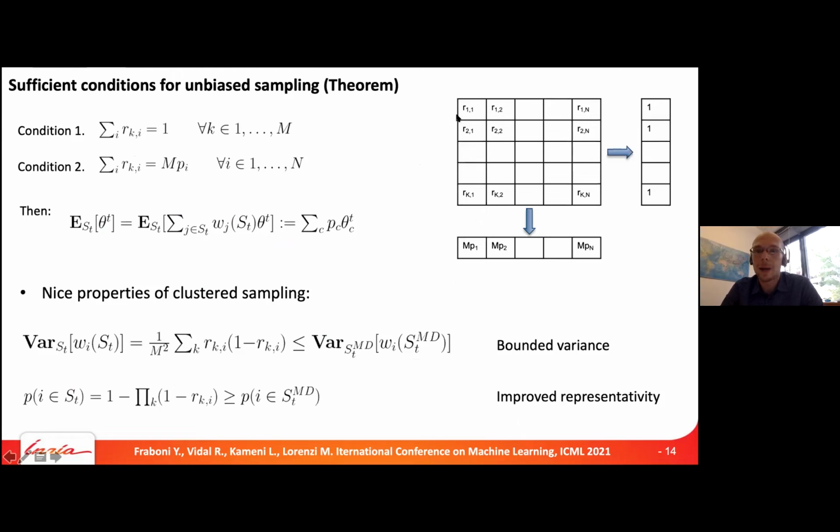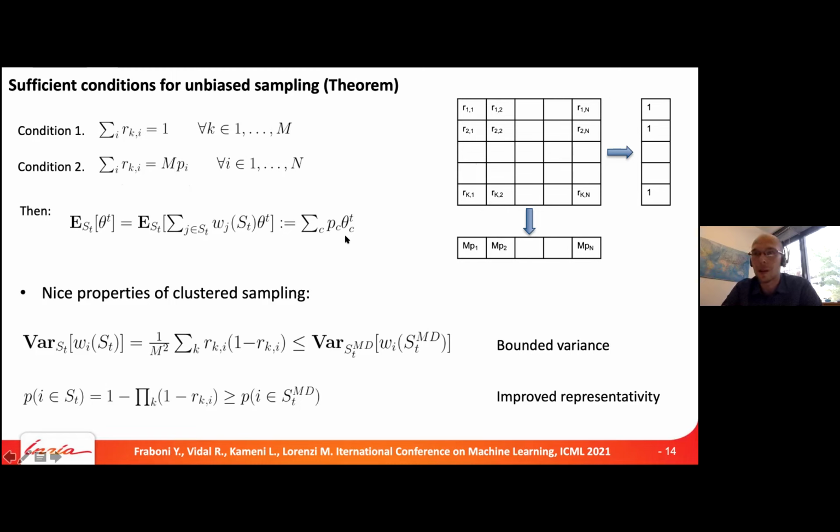If we can design this matrix of coefficients r_ik such that they sum on the rows to 1, so they define a valid probability density function, and they sum on the columns according to this formula, which is M, the total number of clients that we sample, times pi, the original weight that we attach at the beginning to the client, then it's guaranteed that this sampling scheme is unbiased.